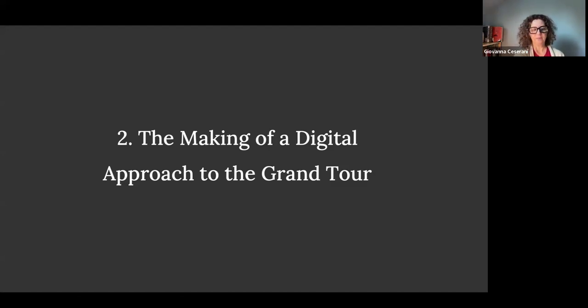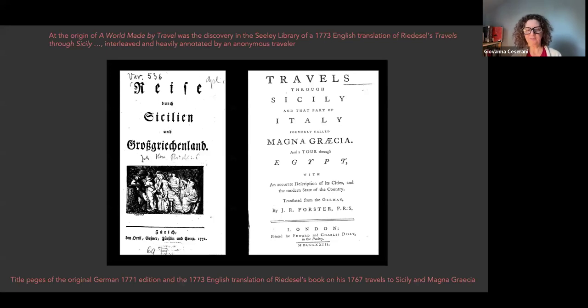And I found in a library, forgotten on open shelves, a 1773 English edition of the German book by Riedesel, Travel to Sicily. And here you see on the right, the English edition and translation, and on the left, the German original.